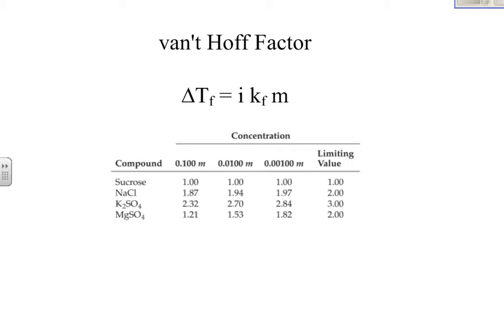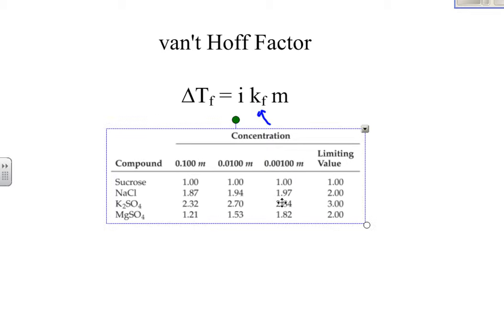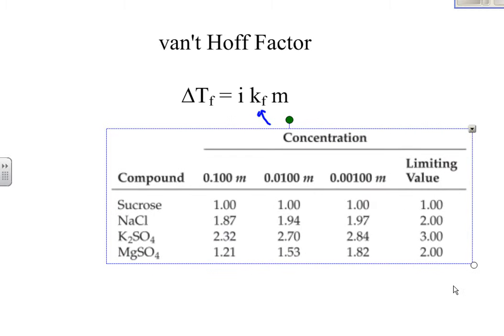So the freezing point constant stays the same for the solution, but the i, the Van't Hoff factor, is characteristic of the solute now. And so here we have a number of values for the solute. Let me blow this up a little bit so you can see it a little better.